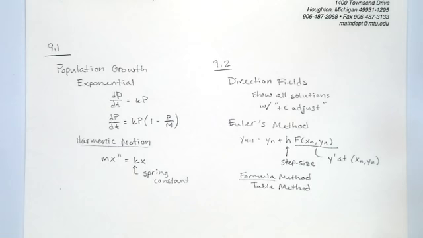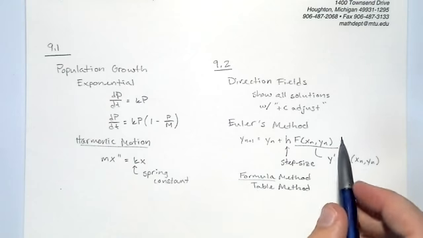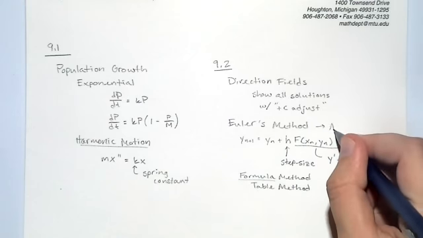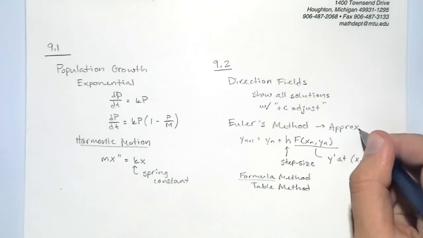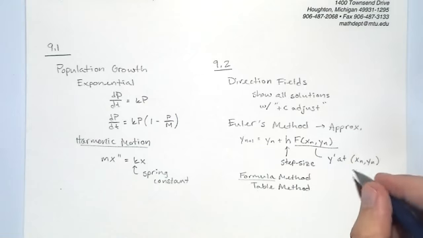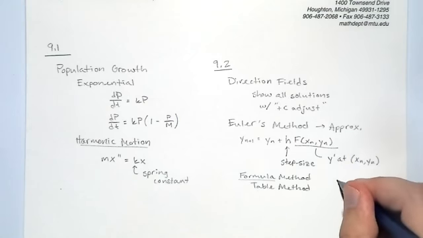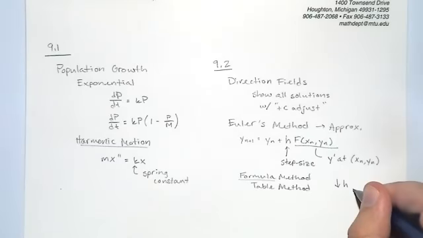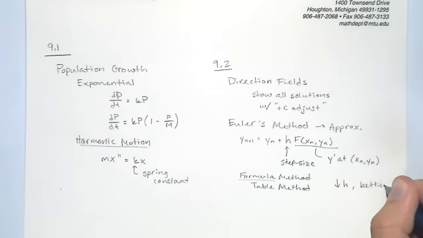Kelton uses the table method. So it really just depends what your background in math is. And because Euler's method goes for approximations, the key thing to remember here is that the smaller your step size, the smaller h is, the better your approximation is going to be.